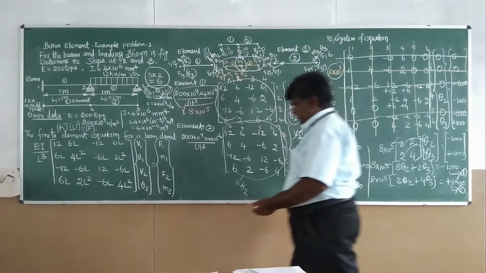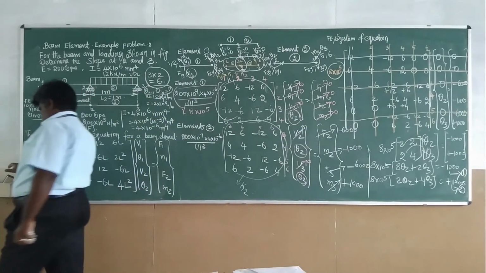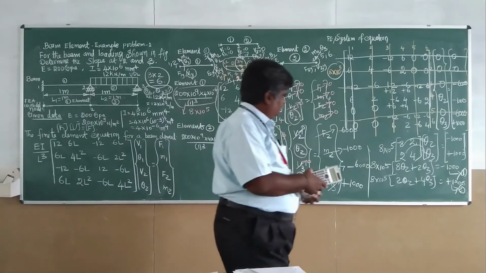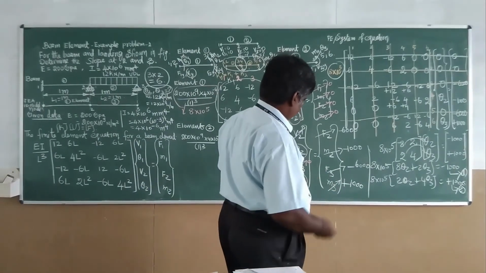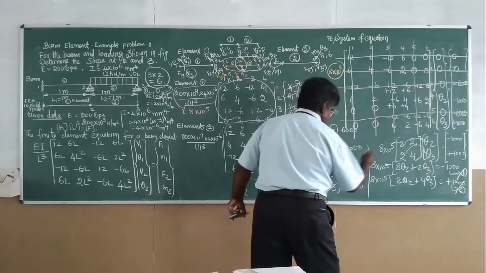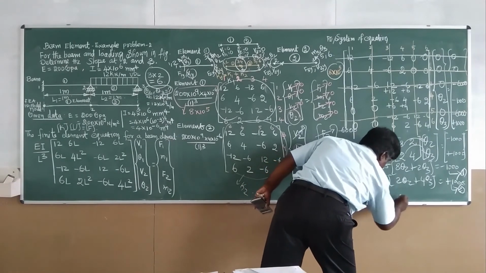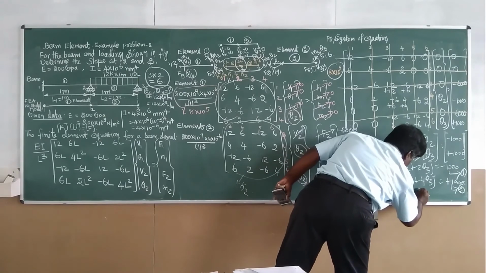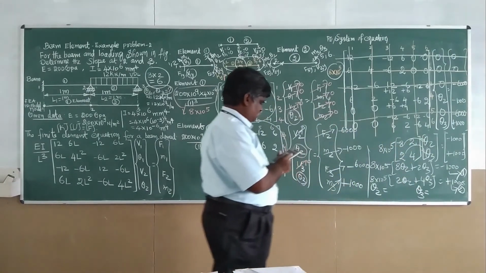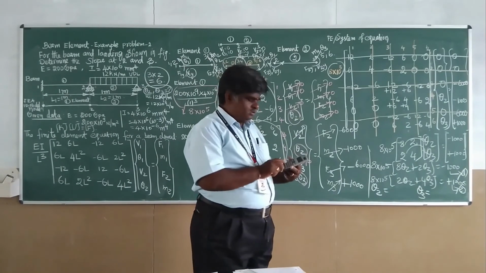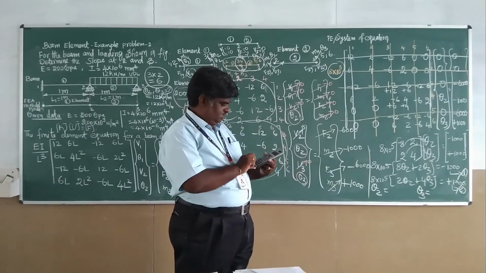Using our calculator or Gaussian elimination approach, we can determine the slope at nodal point 2 and 3. We have to calculate theta 2 and then theta 3. Using your calculator, go to the equation mode.